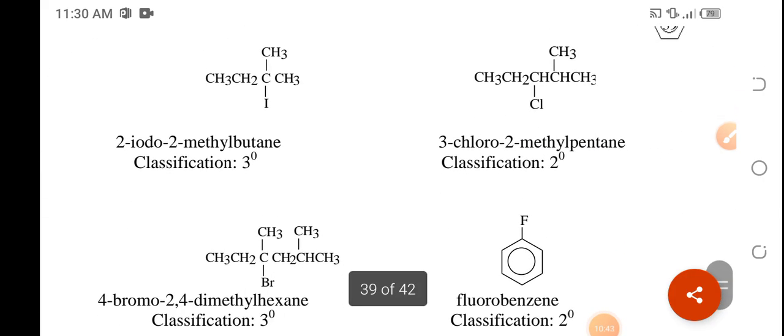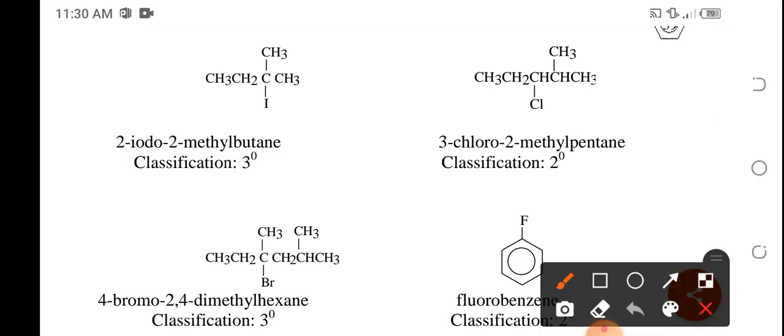Okay, another example would be 2-iodo-2-methylbutane. Butane because there are 4 carbon atoms in the parent chain. It is numbered from right to left, so that's carbon number 2, wherein the iodine is attached, so that's 2-iodo, and then this is the methyl group still attached to the second carbon atom, so we have 2-methylbutane.